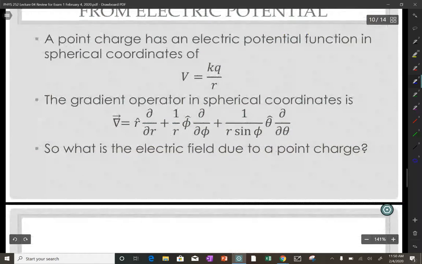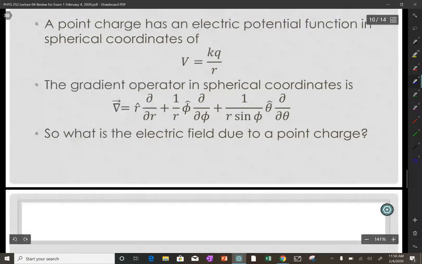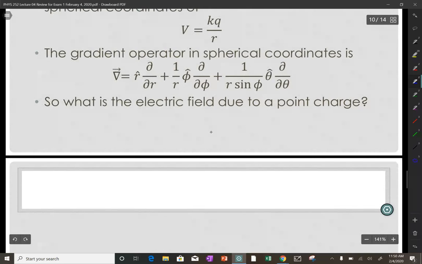Okay, so basically I would be writing this out as, scroll up a little bit, r hat partial derivative with respect to r, plus 1 over r, theta hat partial derivative with respect to theta, plus 1 over r sine theta, phi hat partial derivative with respect to phi.